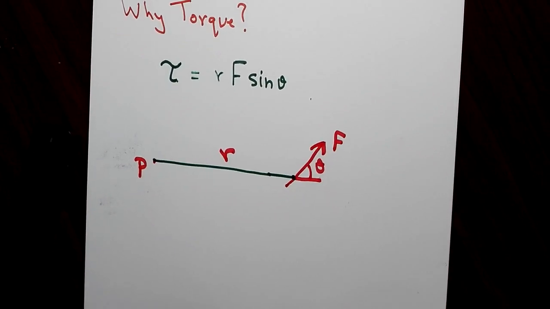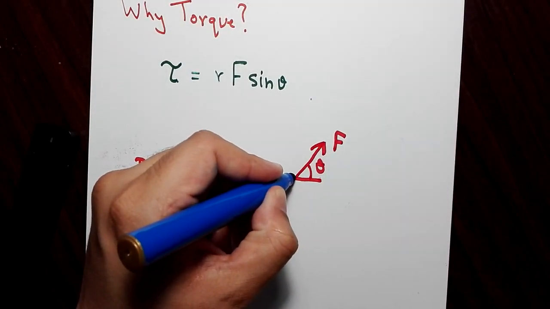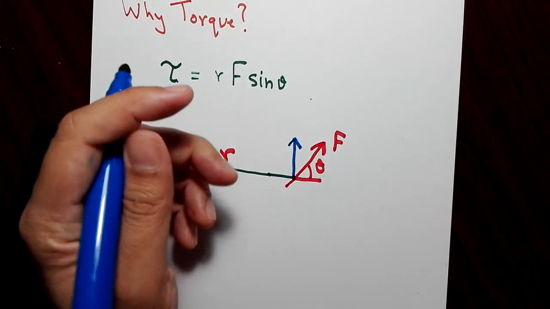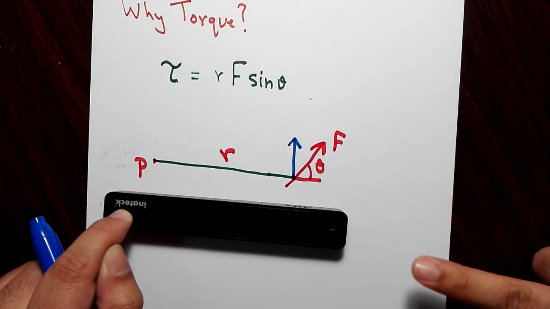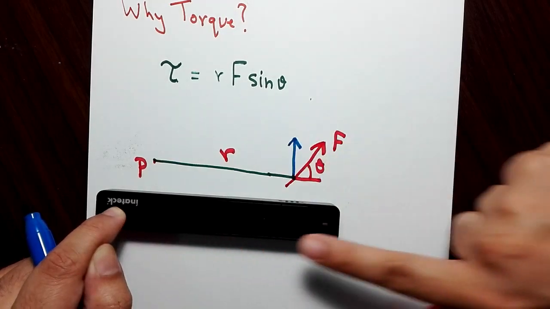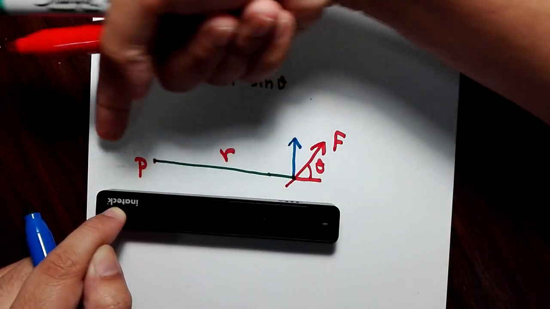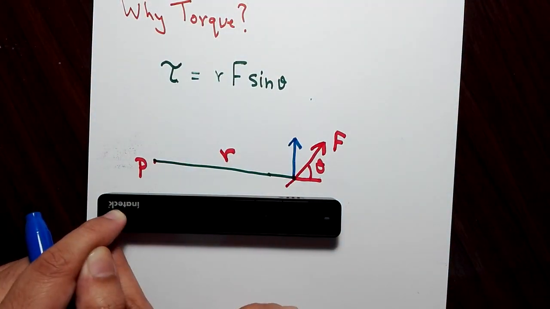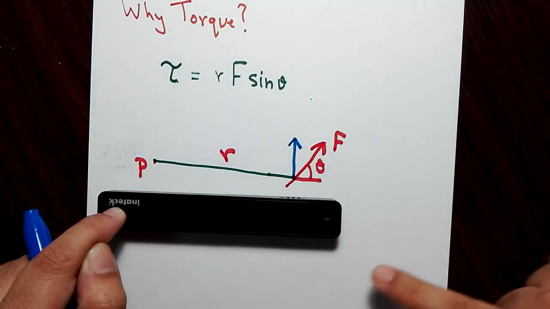Now there are two methods to calculate the torque. We saw that we need the perpendicular component of the force, because if you apply a force whose line of action goes through the pivot point, like this one and this also, all these forces produce zero torque.